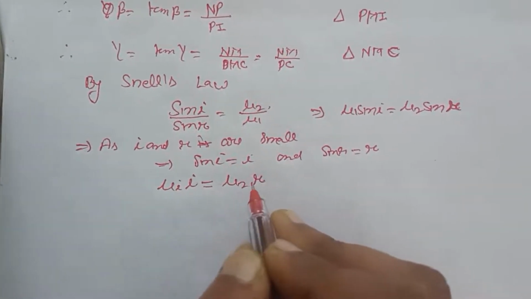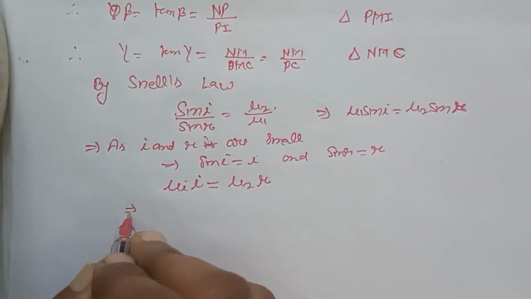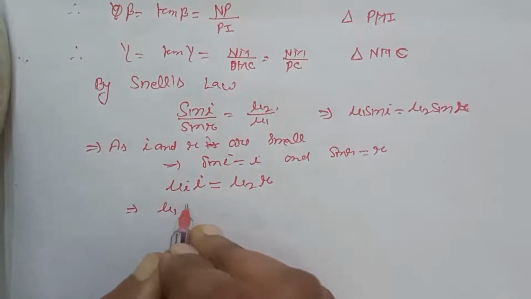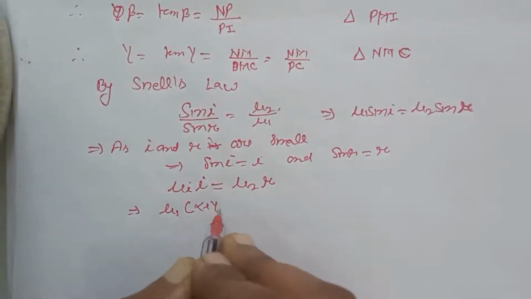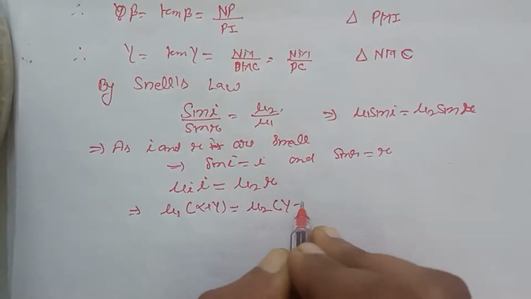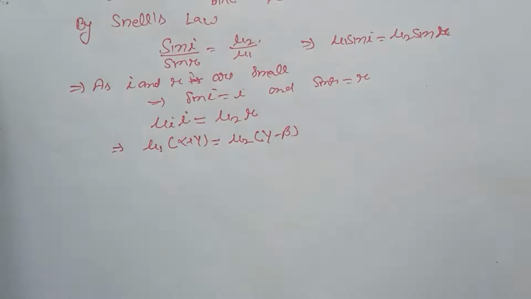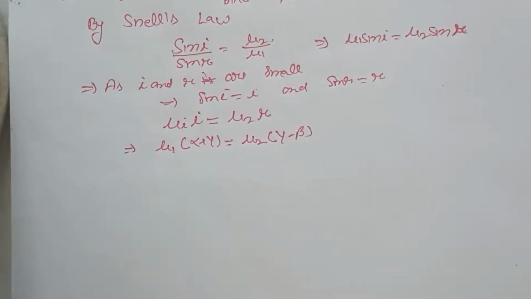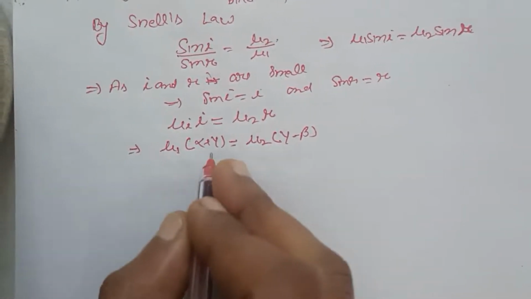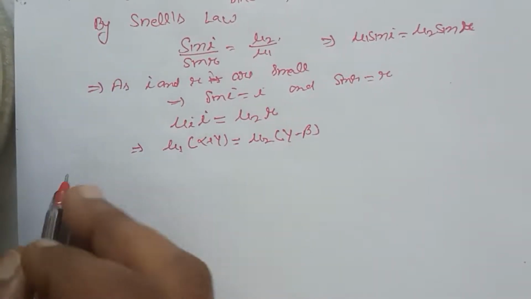Substitute the values of i and r: mu1 times alpha plus gamma equals mu2 times gamma minus beta.